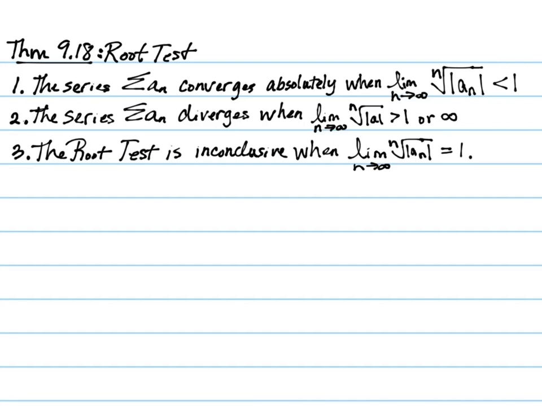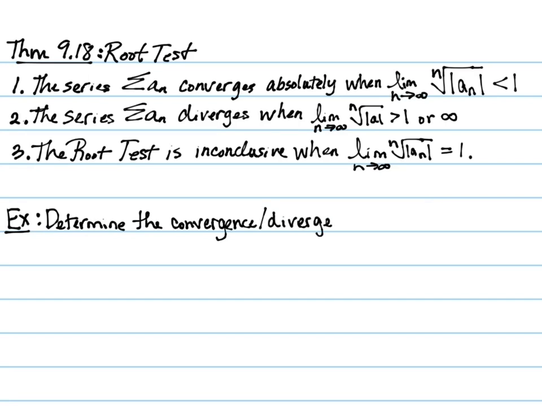So, all right, we're going to do the same thing we did in the last one. We're going to do a couple of examples of the root test so you can get a feel for how it looks. Same directions. We're going to determine the convergence or divergence of the series.